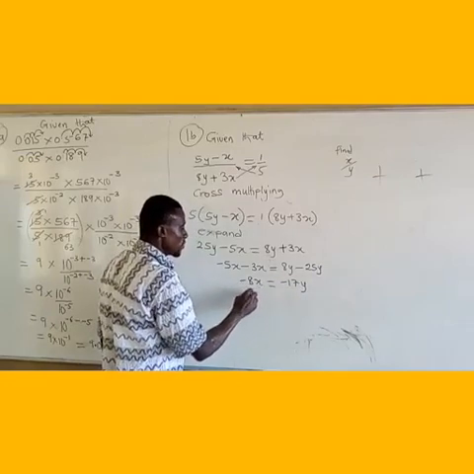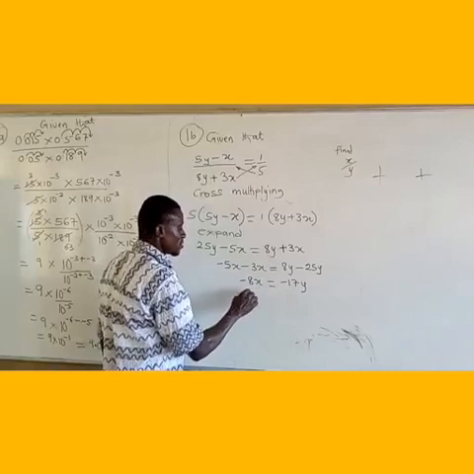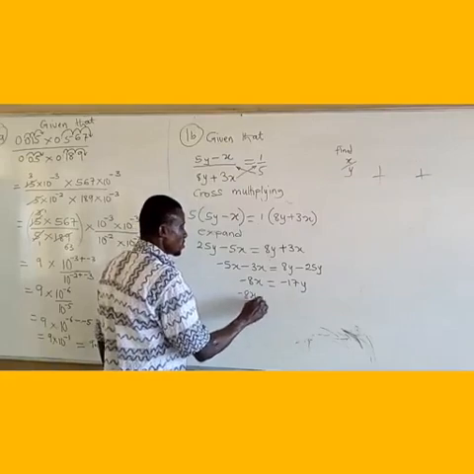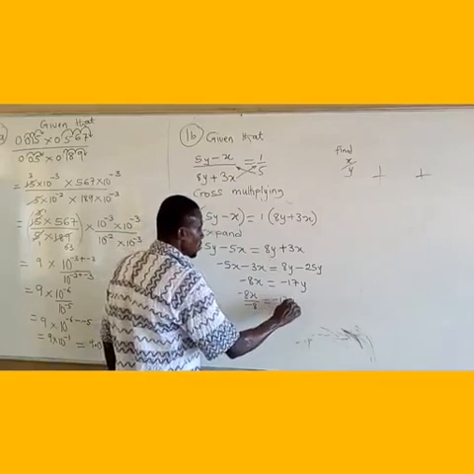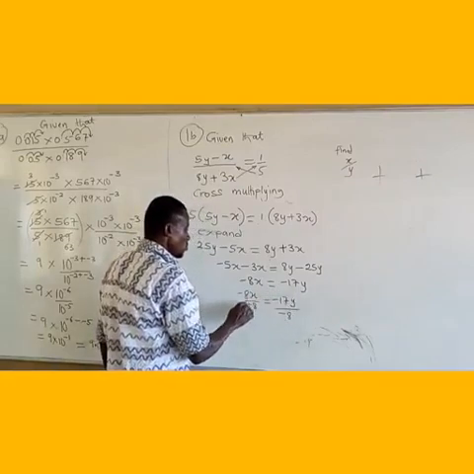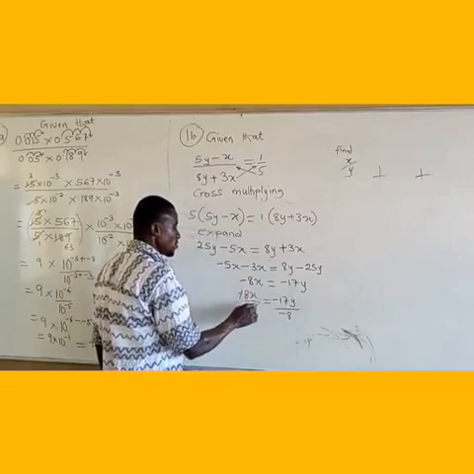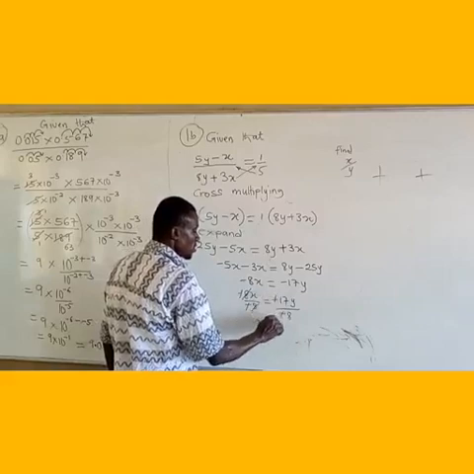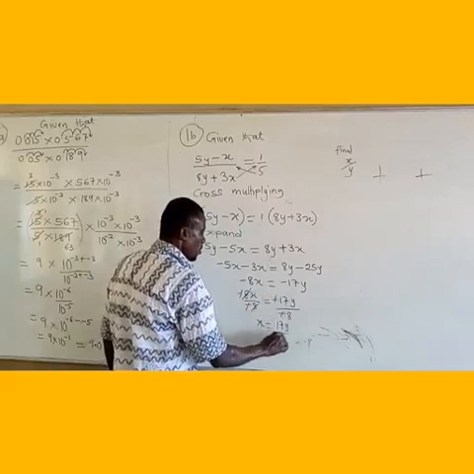With negative 8, you divide both sides by negative 8. So you have negative 8x over negative 8 equal to negative 17y over negative 8. So negative cancels negative, 8 cancels 8. You have x is equal to 17y over 8.